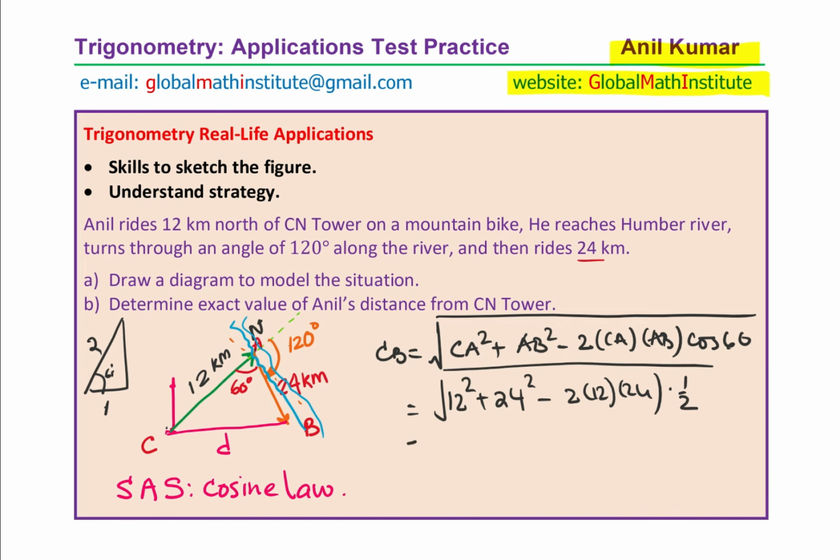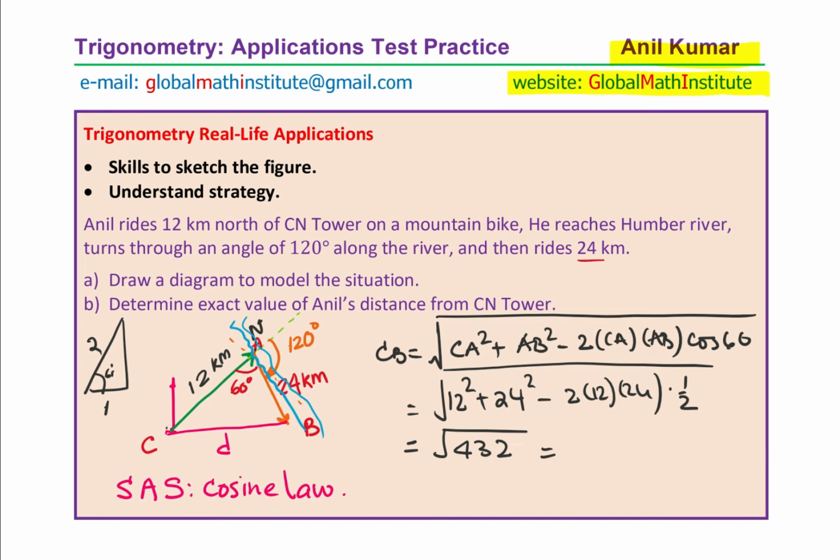Let's use the calculator. 12 squared plus 24 squared minus 2 times 12 times 24 divided by 2 is equal to 432, square root.